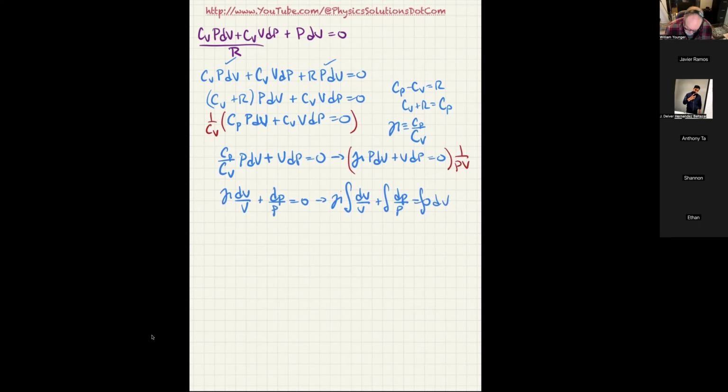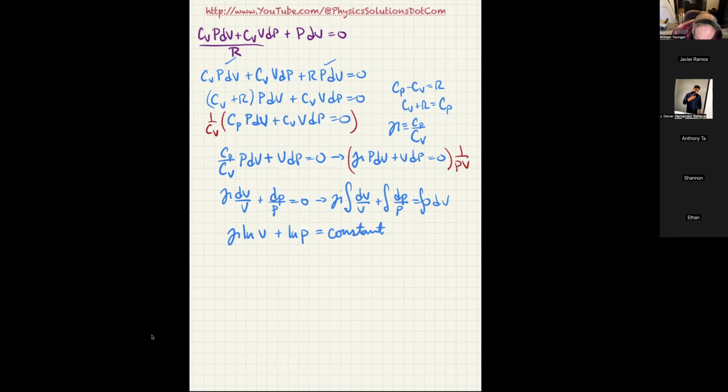In this case, we're going to get an integration constant from each of these indefinite integrals. But I'm going to put all the constants on the right-hand side, and what I have is gamma times the natural log of V plus the natural log of P is equal to some constant.